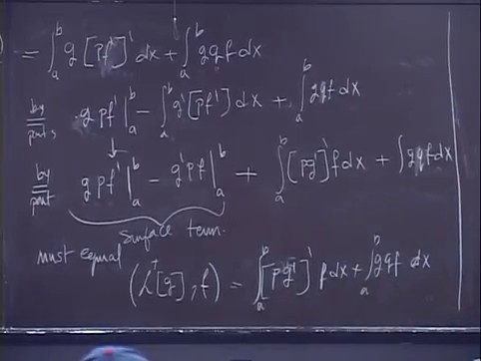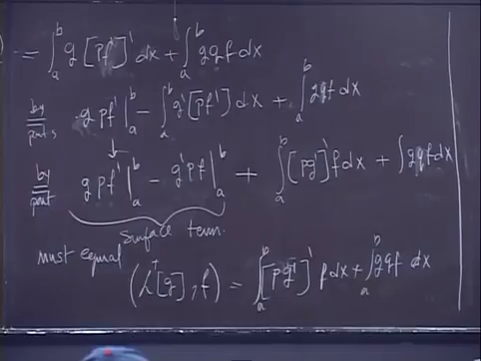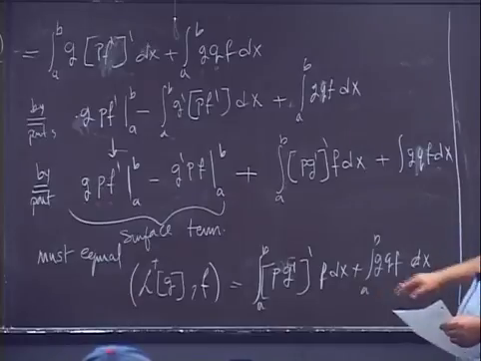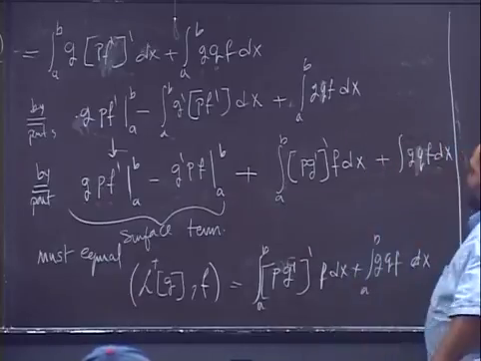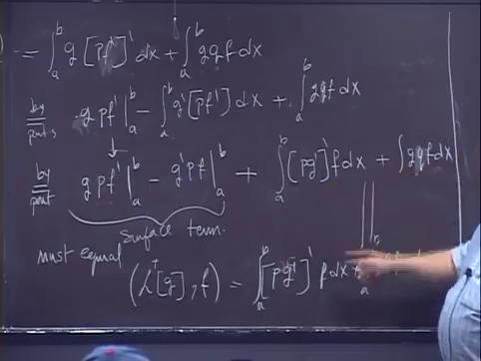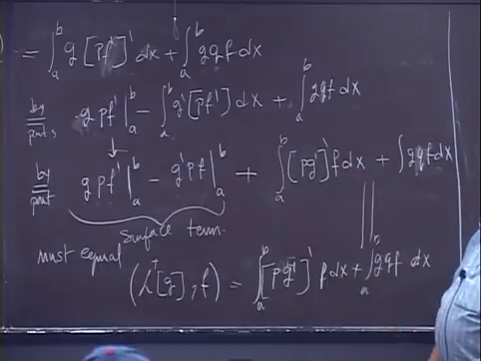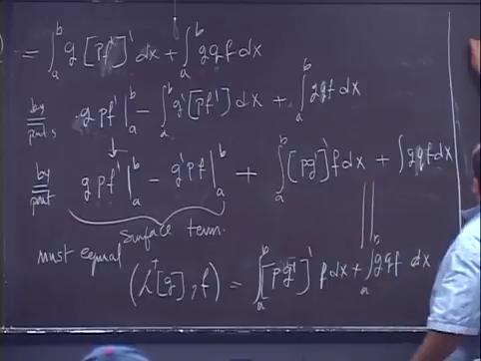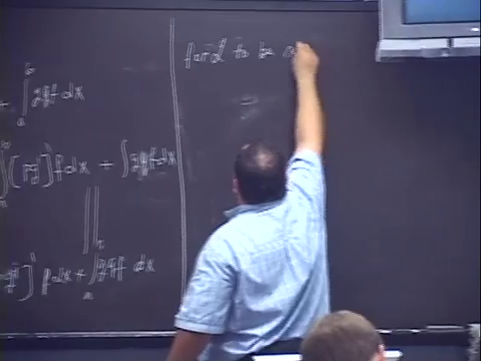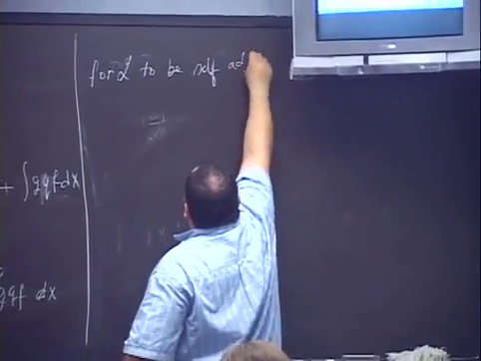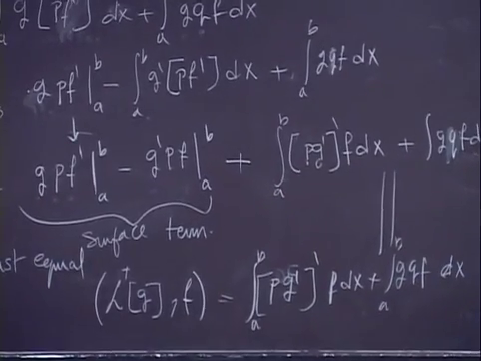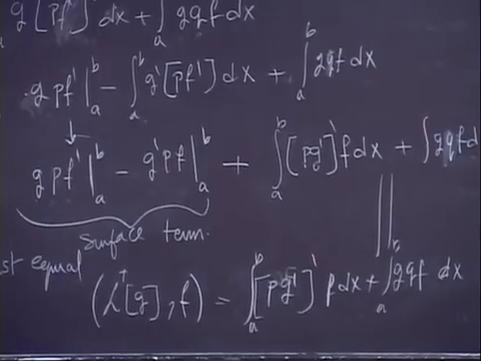So if you look at this, and if you look at this, both those terms are equal. So for L to be self-adjoint, this should be equal to this. What's the extra term that we have here?